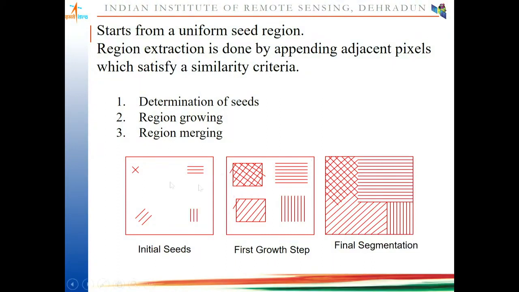You can take some sample initial seeds from either unlabeled pixels or the pixels in the image itself. The region extraction is done by appending or grouping adjacent pixels which satisfy a similarity criterion. Basically you determine the seeds, grow regions, and then those regions are merged. Here is the first growth step, and they keep on growing till the final segmentation is achieved.